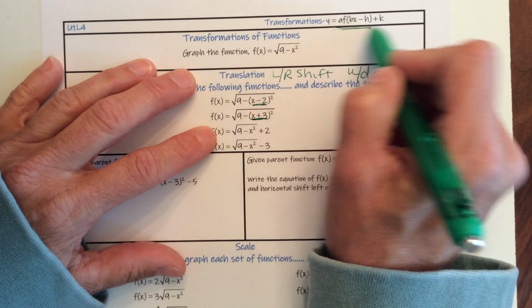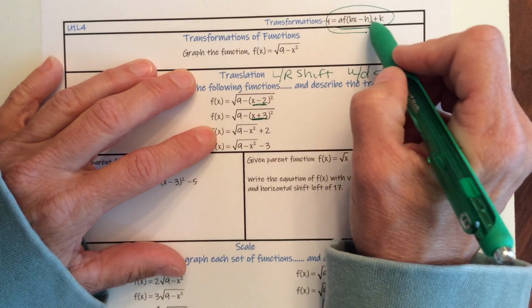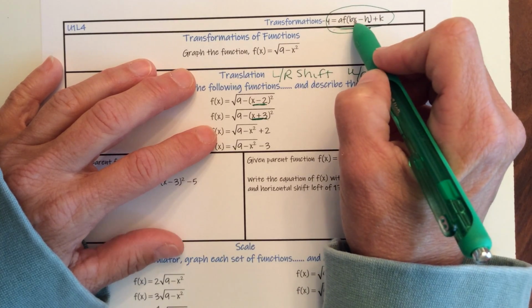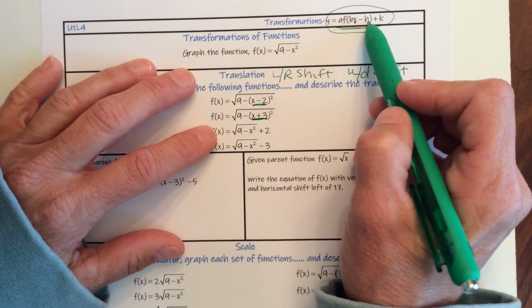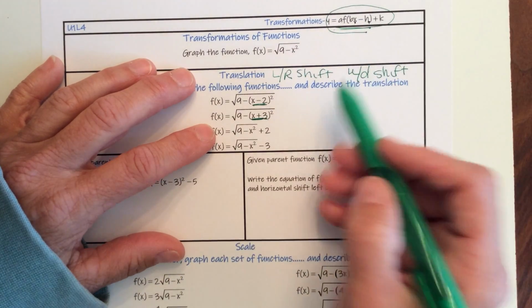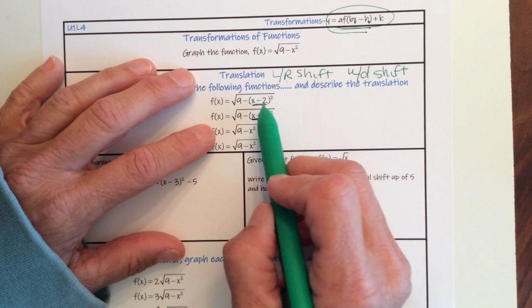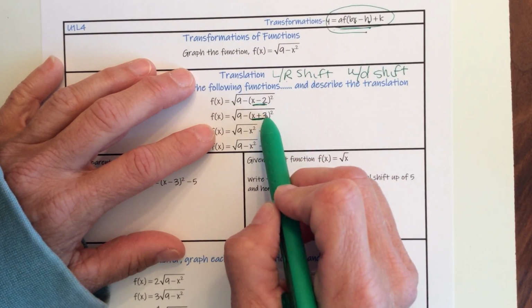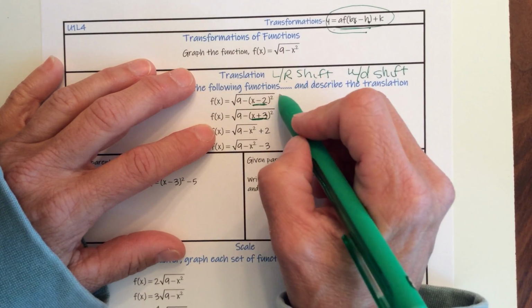So if we look at this piece, notice that h is inside the parentheses with x, and I like to think of h in this form as being horizontal. That's what helps me remember what effect h has on the graph. It is the horizontal shift.